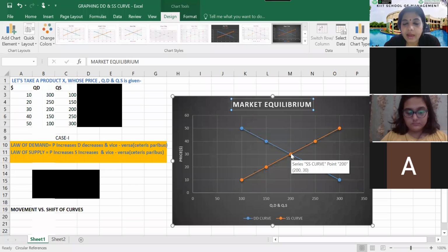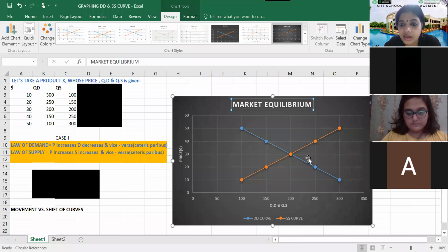Why is it called a happy state of affairs? Because the price which the sellers want to get and the price which the buyers want to pay are reasonably getting settled at this particular point. That is why it is considered a happy state of affairs for both the buyers and the sellers.